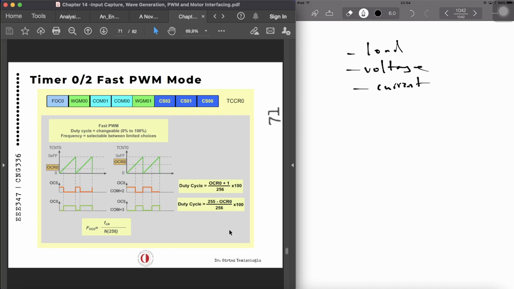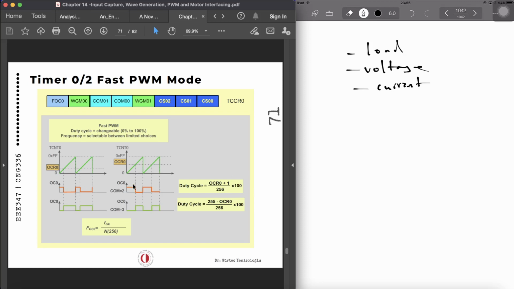You can see again the formulas for the fast PWM with the waveforms. So OCR, as you can see, counts up, then OC0 non-inverted and inverted, and then it counts up over there and then down and so on.